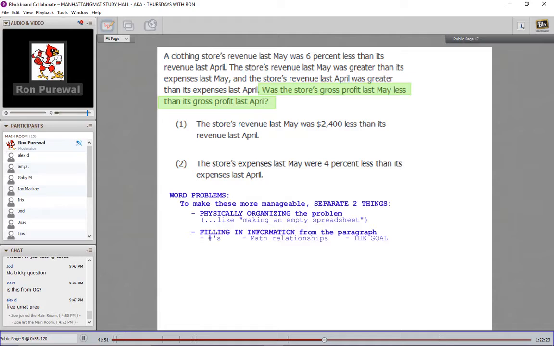Do these separately. So in terms of physically organizing this thing, remember there's no math happening yet. It's like making an empty Excel sheet, just a sheet that has headings on it, and that's all it has. What would the headings be?